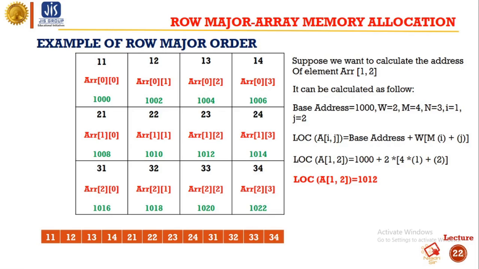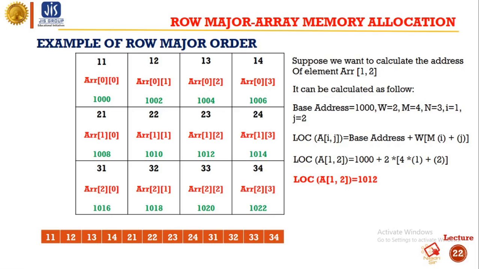Okay, 1000, 1002, 1004, 1006, 1008, 1010, 1012, 1014, 1016, 1018, 1020, 1022. Okay, these are all the memory addresses. As you can see that all the element locations are incremented by 2 as each element stores 2 bytes of space.